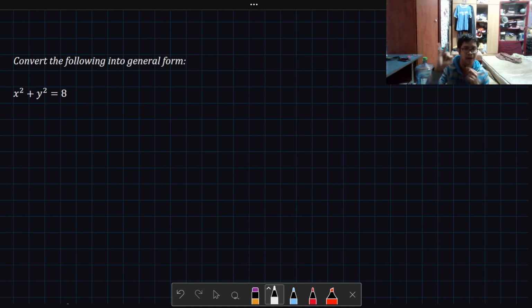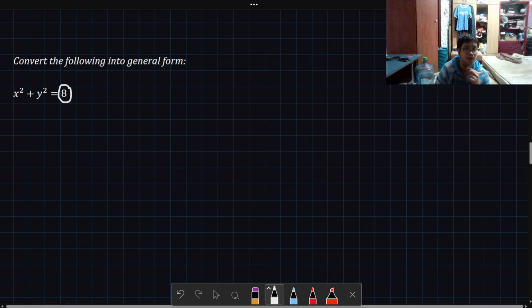We have x squared, y squared, and a constant term. If you see this, what are we going to do? Just simply put the constant term to the left and group it together with x squared and y squared. So here we will have x squared plus y squared minus 8 is equal to 0. All right? And that's your answer.